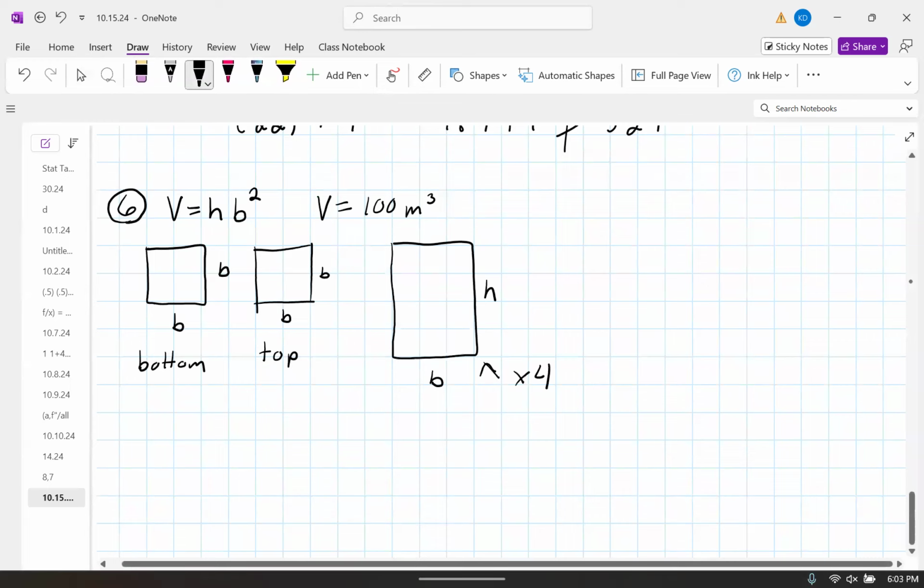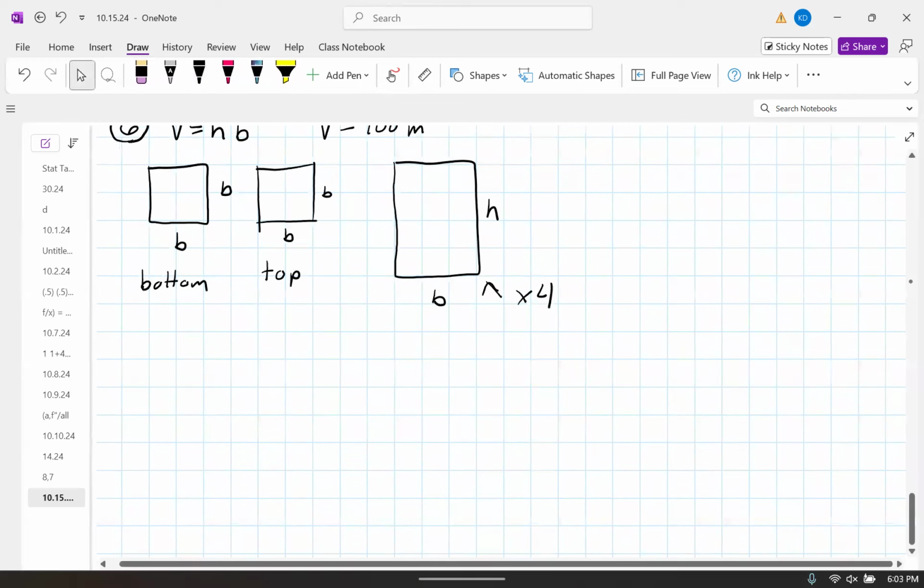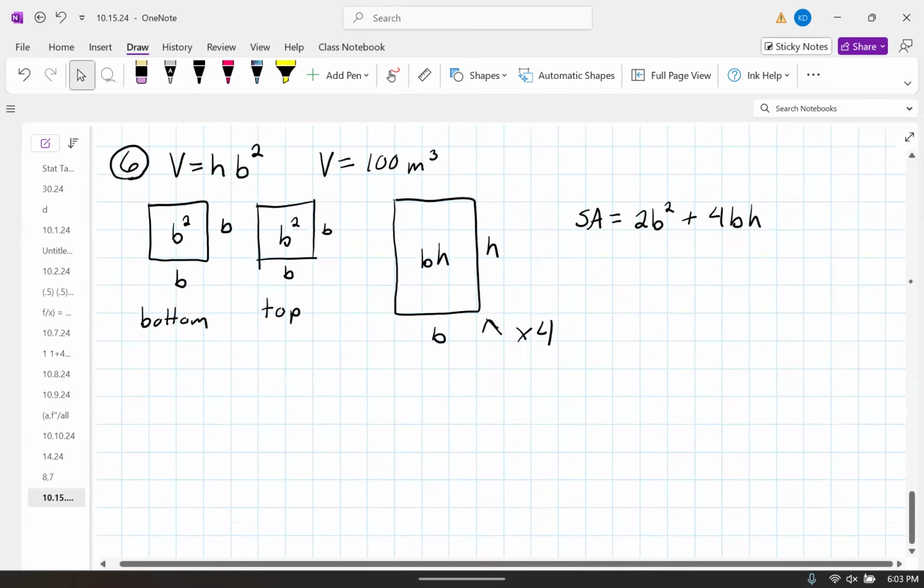I don't want to draw them all out. So the area of this one is B squared, as is this one. Its area is BH, and there's four of them. So my surface area is 2B squared plus 4BH.